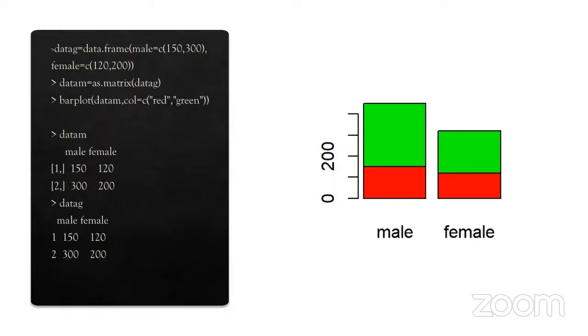It is the stack bar. So in case of male, you will find 150 and 300. So this is up to 150 and this is 300. And this is 120 and 200. So this is 120 and this is 200. That is the female. Okay.